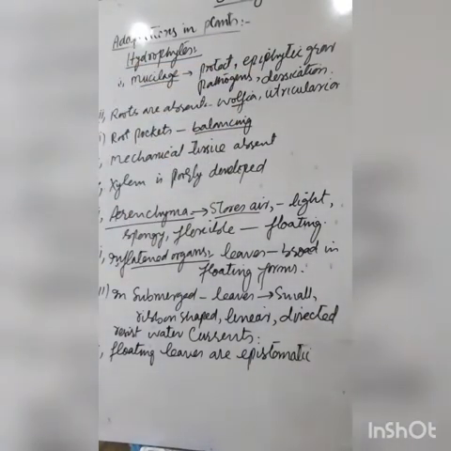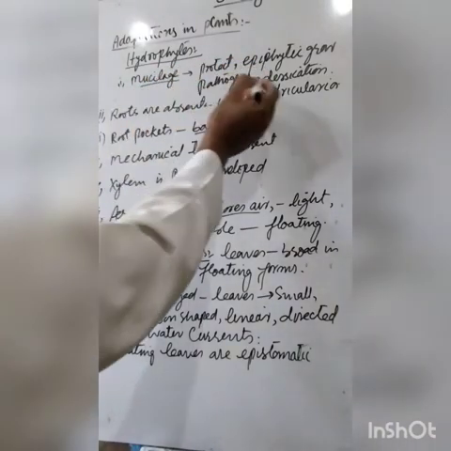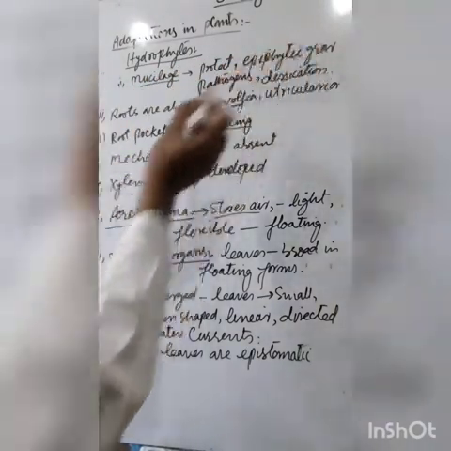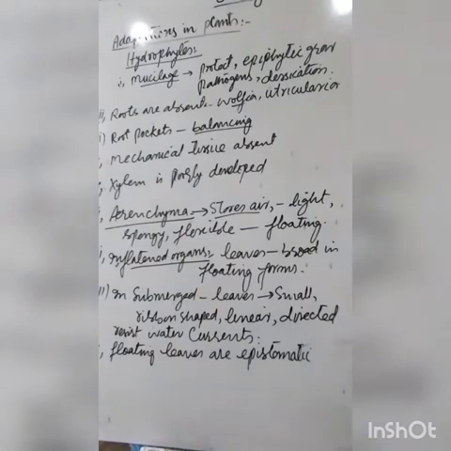Hydrophytes have mucilage. Mucilage protects the plants from pathogens, from desiccation, and from epiphytic growth. That means other plants cannot grow on the plant.